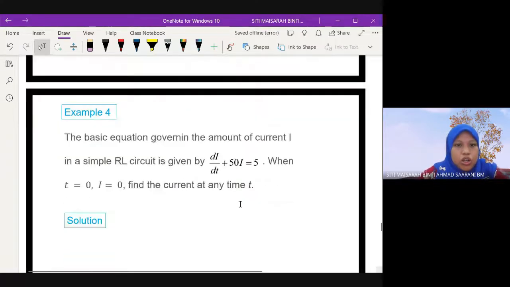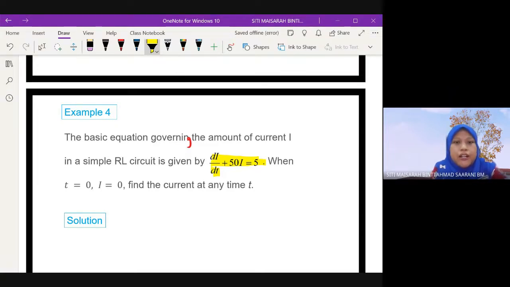Okay, contoh kalau tengok example 4, ini dia punya example dia. The basic equation governing the amount of current I in a simple RL circuit is given by di dt plus 50I equals to 5. Ni dia punya differential equation. Okay. Biasanya untuk electric circuit dia akan bagi differential equation ke awak lah.